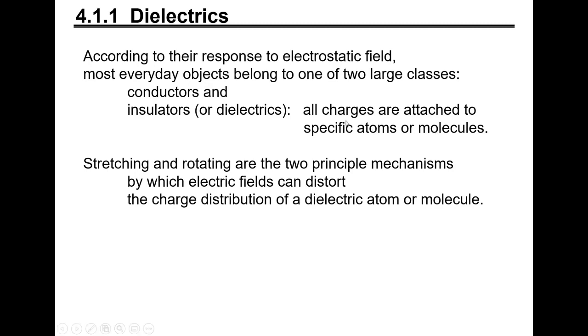So this microscopic displacement is not as dramatic as in conductors. There are two principal mechanisms by which electric fields can distort the charge distribution of a dielectric material. So these are stretching and rotating.